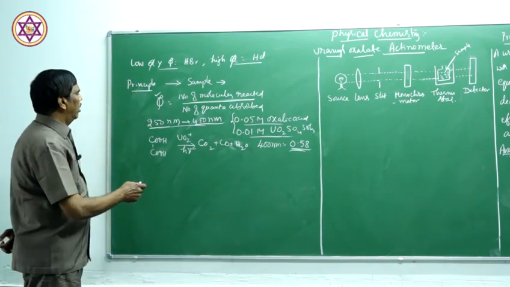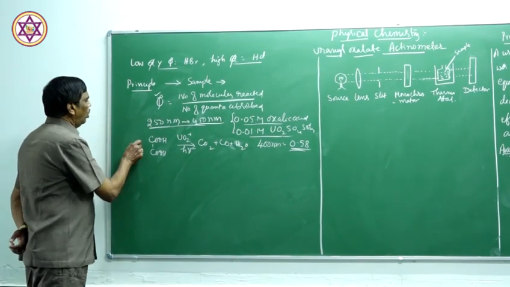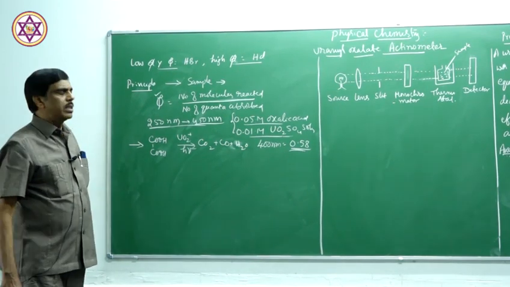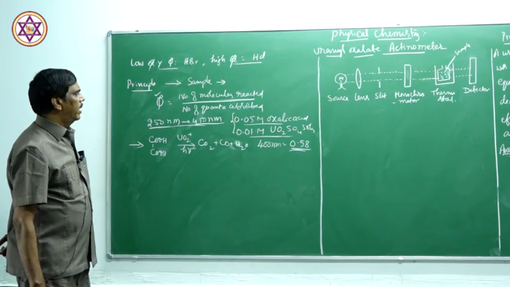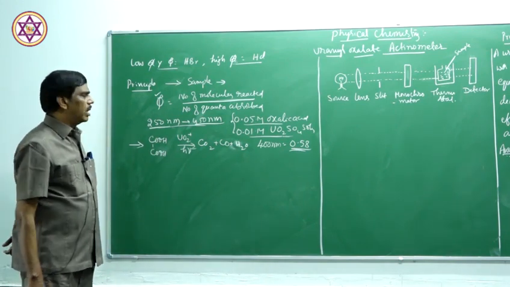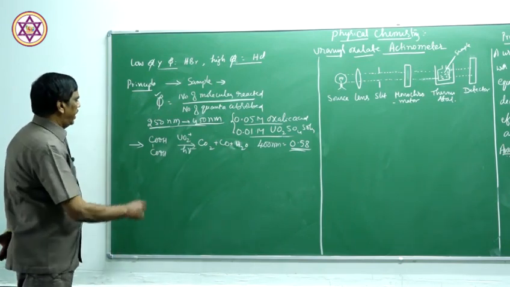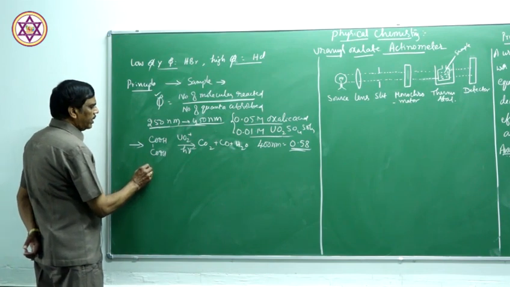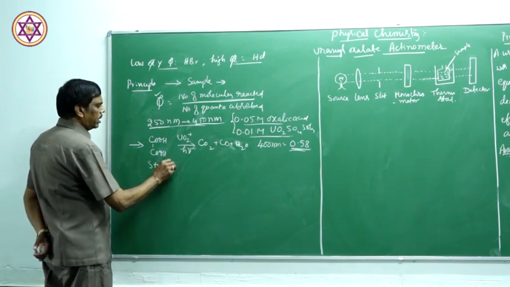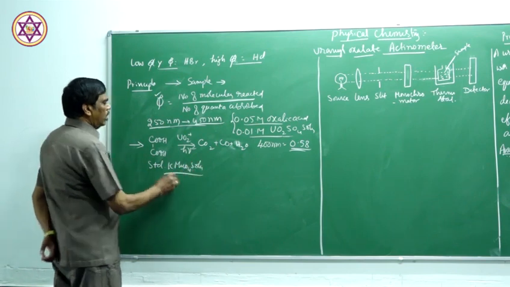So here radiation for a known time is allowed to pass through this oxalic acid solution, and the amount remaining after the decomposition is measured. This remaining amount of oxalic acid is known by titrating with standard potassium permanganate solution.